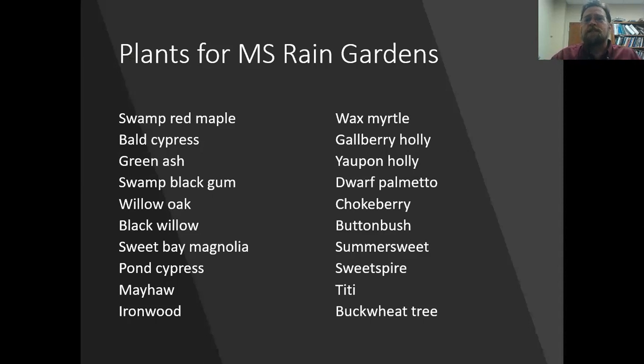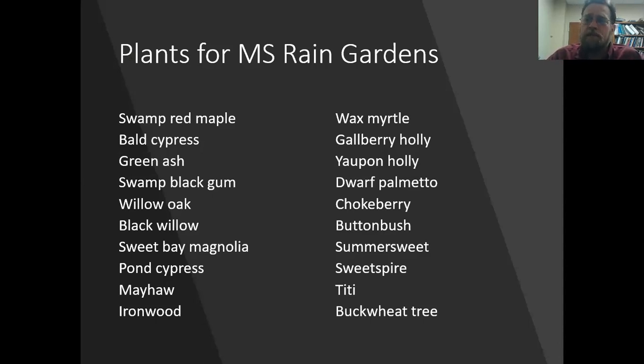And there are a lot of plants that work really well for us in rain gardens. Again, I like my red maples, so that's going to make my list there. Cypresses can do very well, though you do want to be conscious that they have a tendency to put up knees. Willows can work very well. If you want an interesting place to put in a fruit tree, mayhaws.